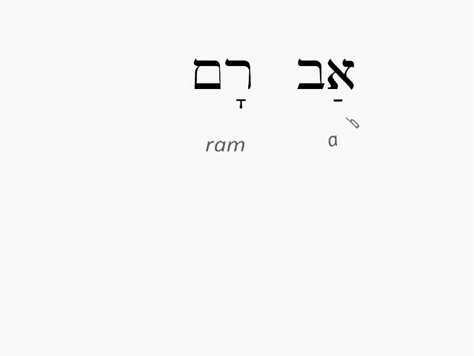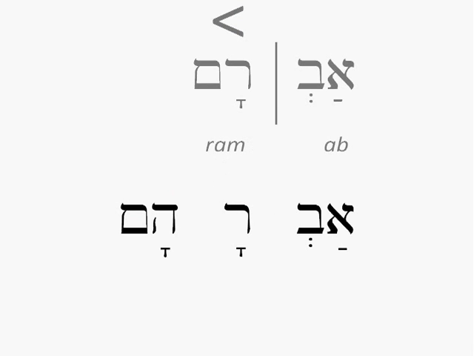But now let's take a closer look at that last one, Abram, and something that happens to the accents when the ending changes. So we know Abram, we know it's two syllables, and we know we accent that second syllable, Abram. But remember that in Genesis 17, God says to Abram, your name will no longer be Abram, but Abraham.